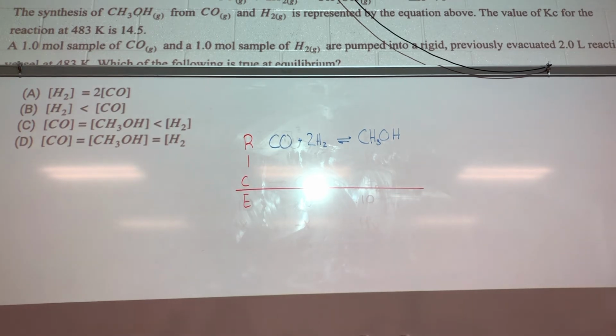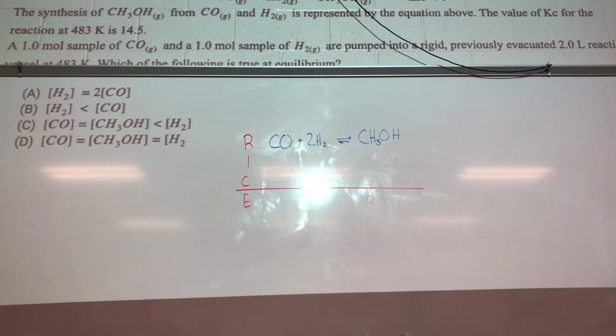Wait, why am I looking at H? Oh, so it's gonna be reactive. Yes. No, product favor over 1.